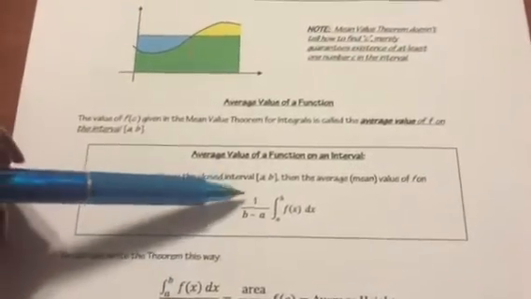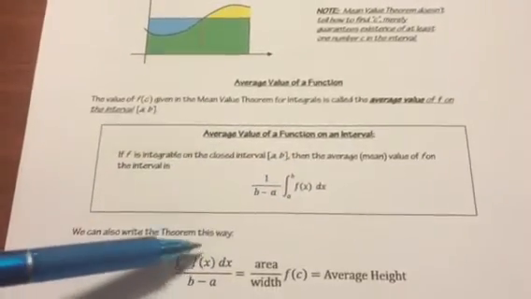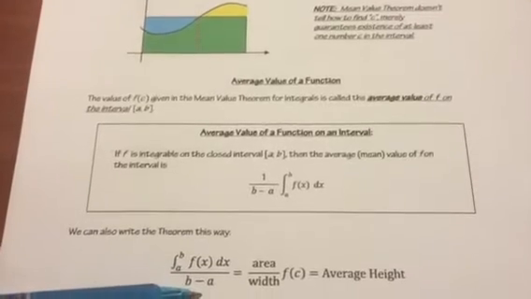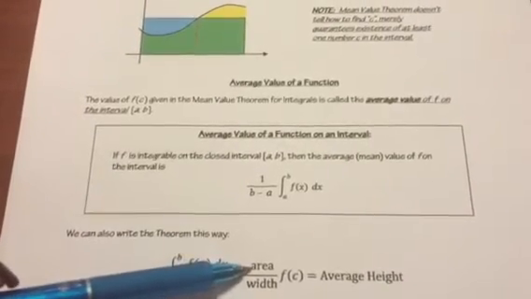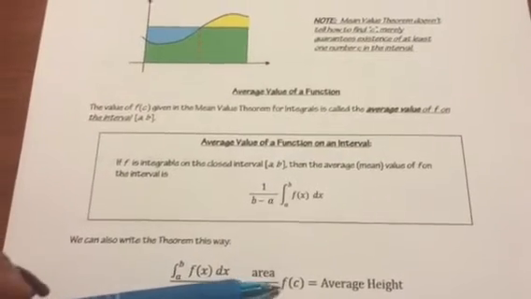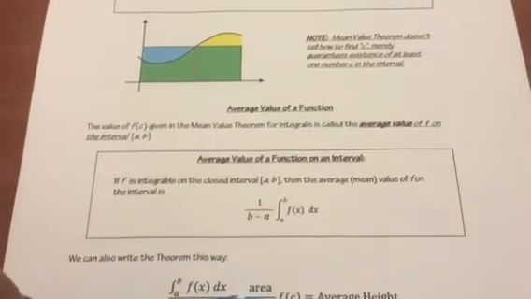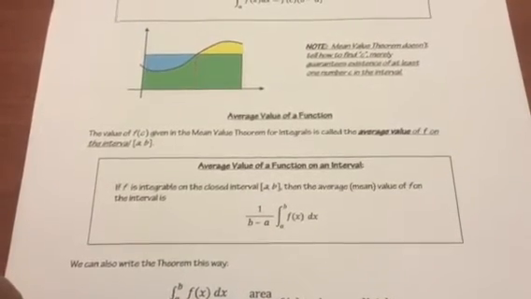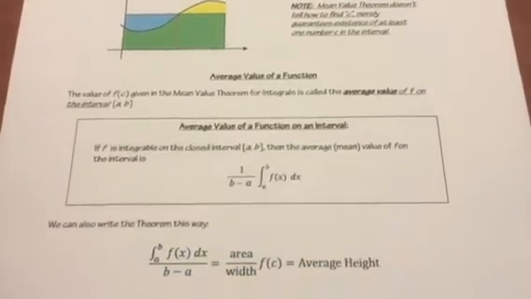You can take the 1, multiply it by the integral, which will then send the integral to the top, divided by your b minus a, which essentially is saying the top portion is giving you the area, divided by the bottom portion is giving you your width, times your f of c, which is the value given by the mean value theorem, and that's equal to your average height.